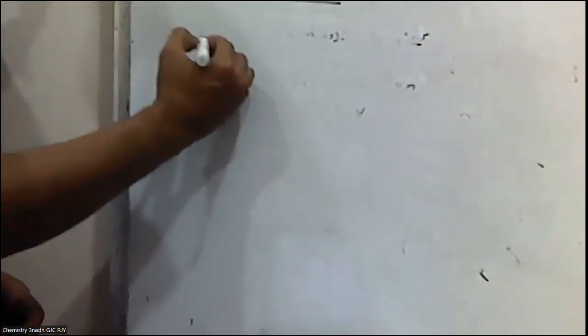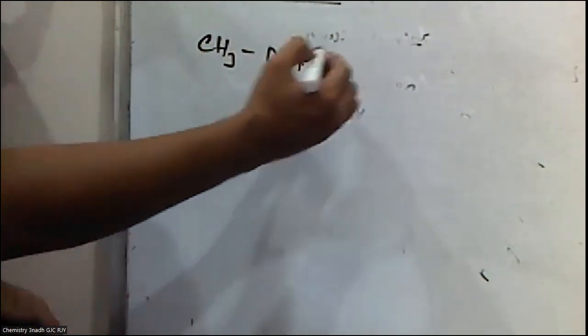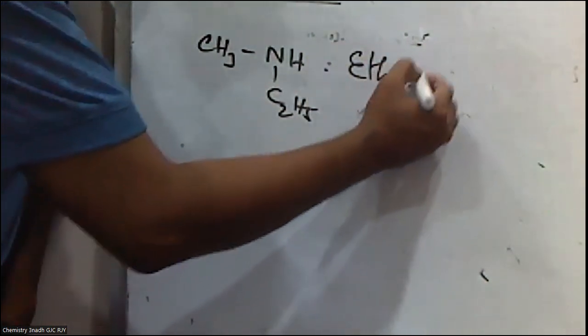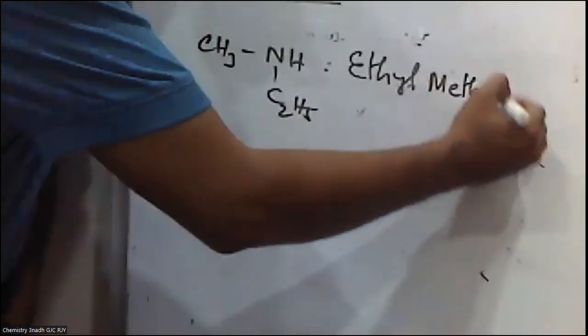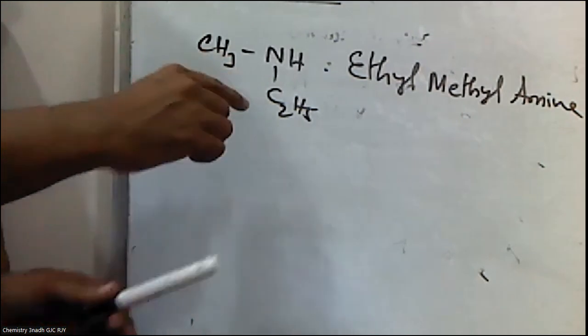For example, if you take CH3NHC2H5, it is a secondary amine. This is called ethyl methyl amine. So in the common system, if it is a primary amine, it is an alkyl amine. If it is a secondary amine, two alkyl groups have to be written, as dialkyl amine or alkyl alkyl amine.